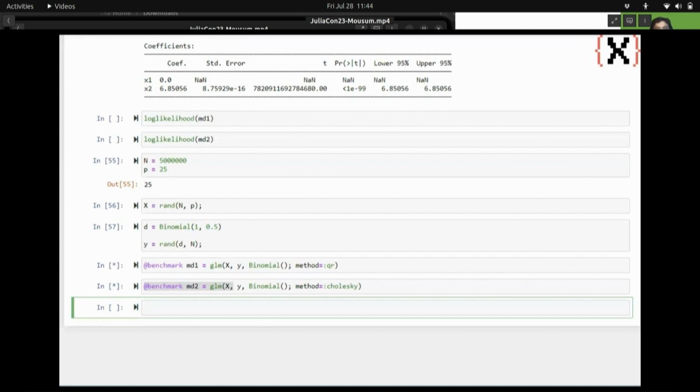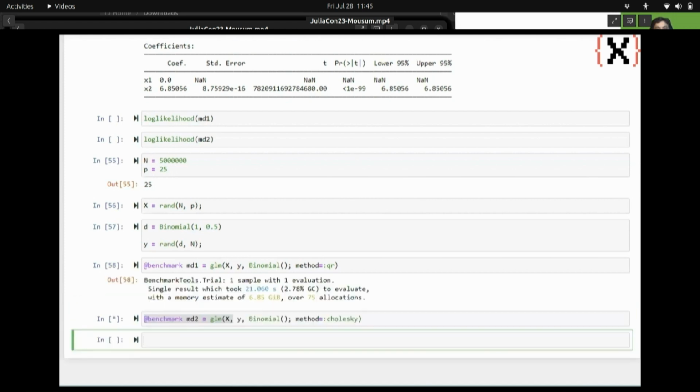Definitely, we'll see that Cholesky decomposition requires less memory, since the order of the X prime X matrix is only 25 by 25. It is a small matrix compared to the X matrix, which is 5 million by 25. So Cholesky decomposition will definitely require less memory.